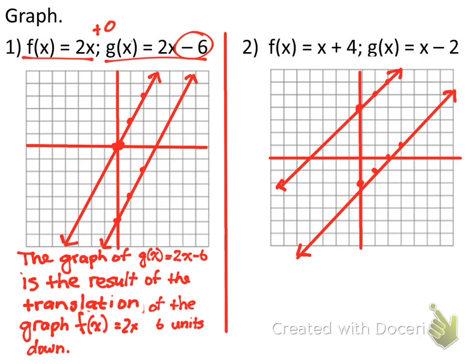How did I make my second line? I took my first line and I translated it up or down. Translated it down, right?